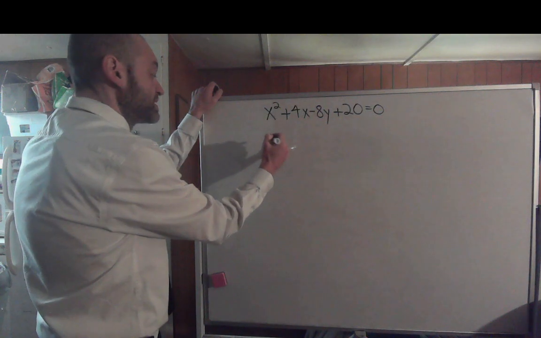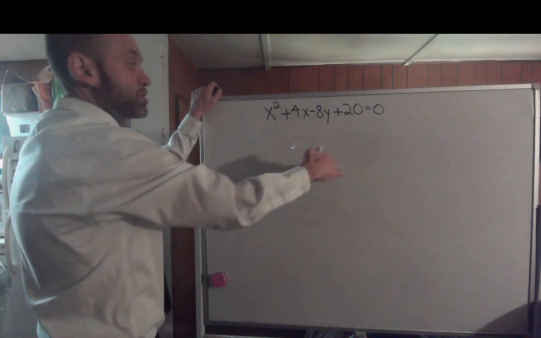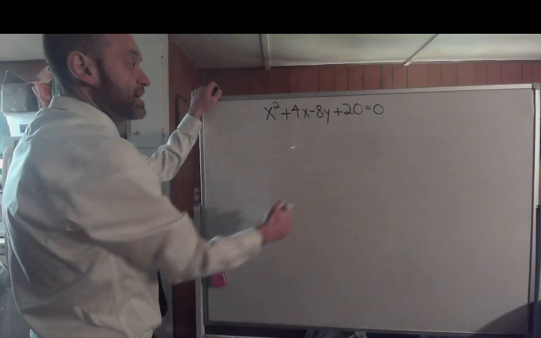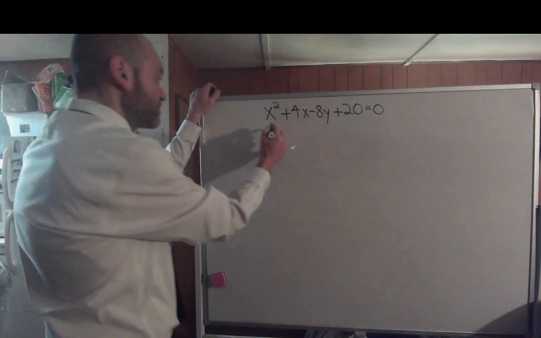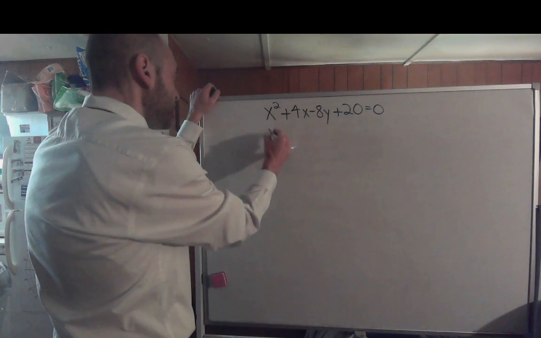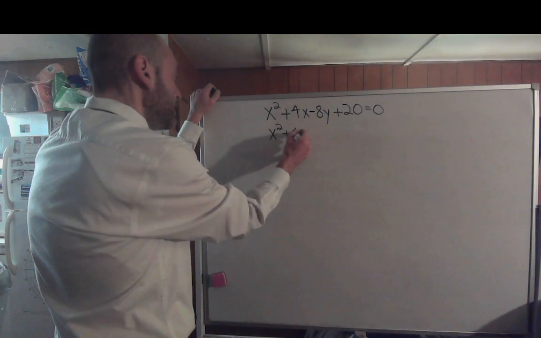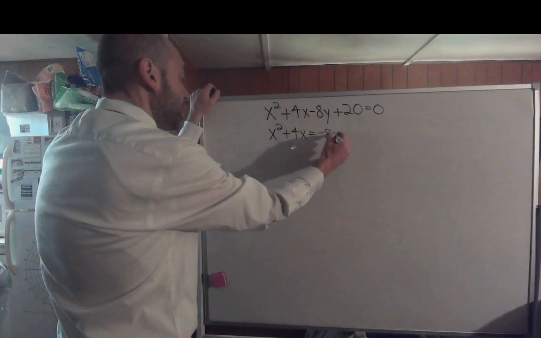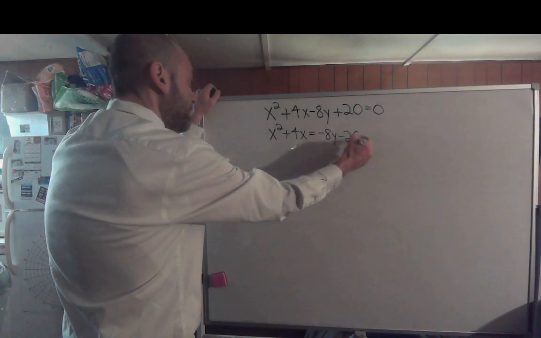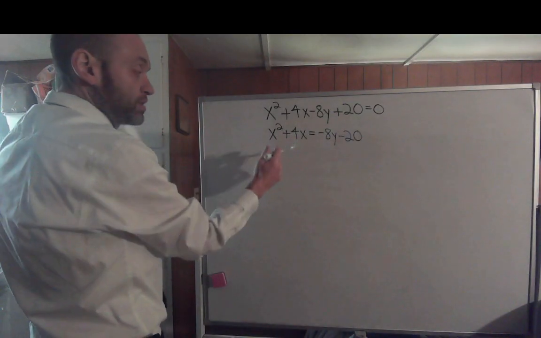So then let's get the y and the constant term by itself on the right hand side, since we can clearly see this is a parabola because there's no y squared term. So you'll have x squared plus 4x equals negative 8y minus 20. Now let's complete the square on the left hand side.